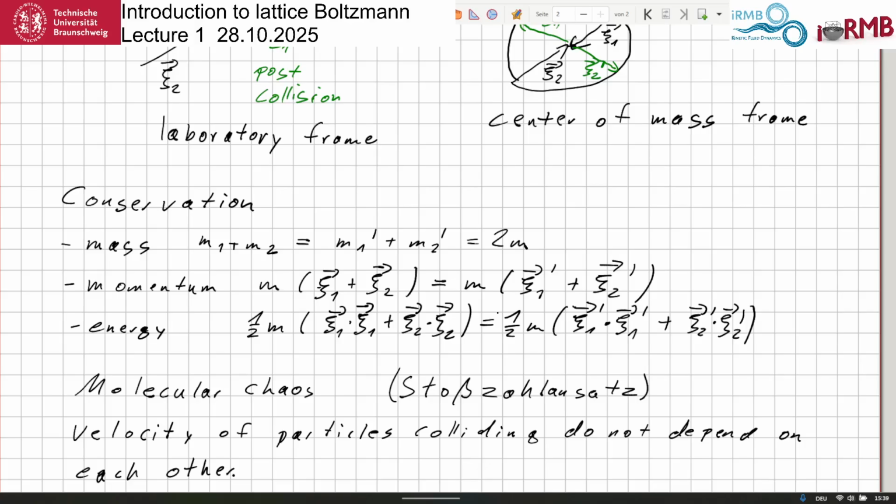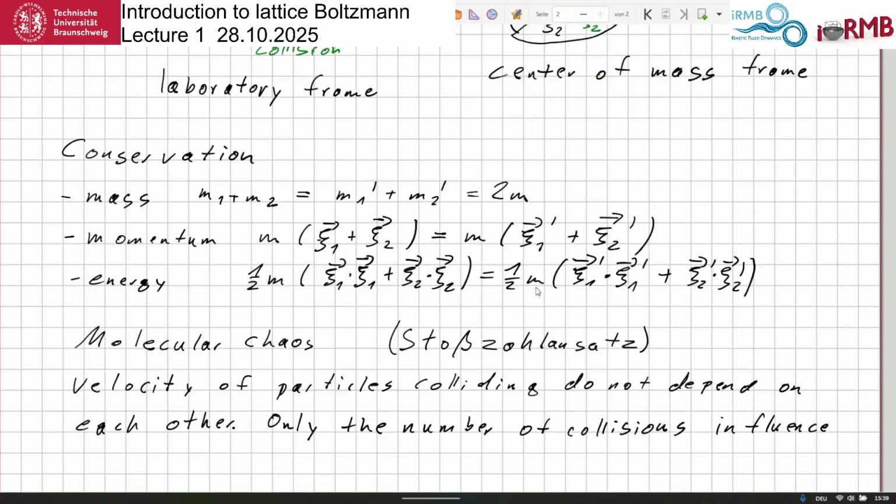So, yes, and the other part is that only the number of collisions influences the behavior.